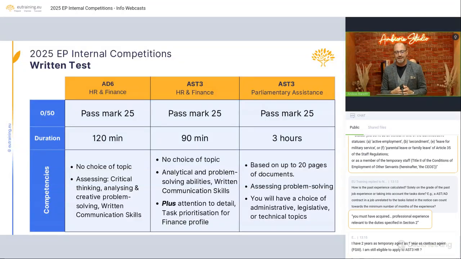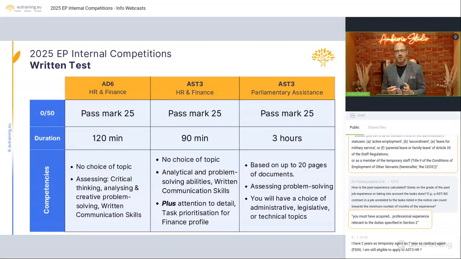And then you have the third one, the AST3, the parliamentary assistants, where you have the 3-hour assignment, and it says based upon 20 pages of documents. So that could be legislation, internal guidance, a briefing, a press release, a really diverse range of documents, where what they're assessing is your problem-solving ability.